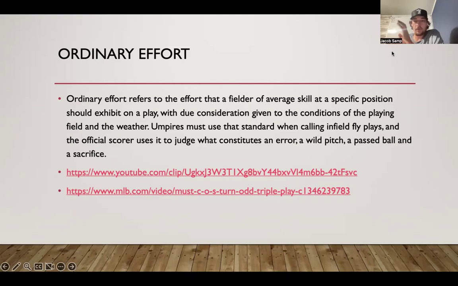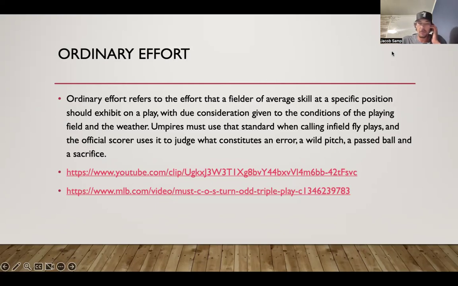And then you can ignore the last sentence, because in the official baseball rules glossary, they also use this definition of ordinary effort to apply to errors, wild pitches, sacrifices, and passed balls. So that's separate and not related.